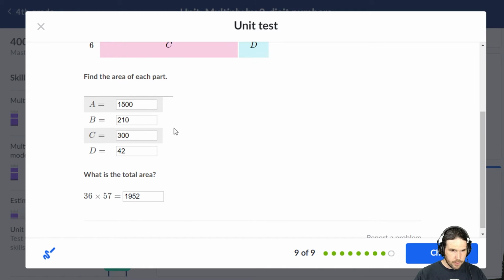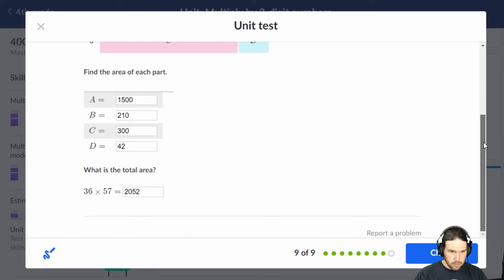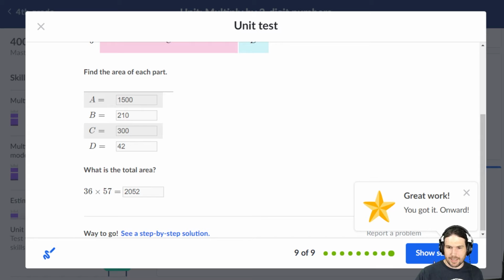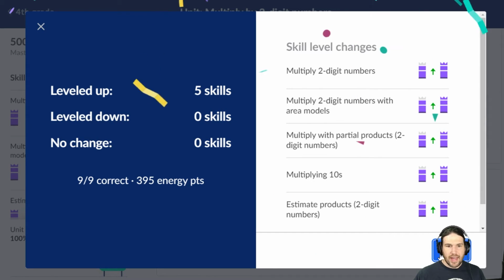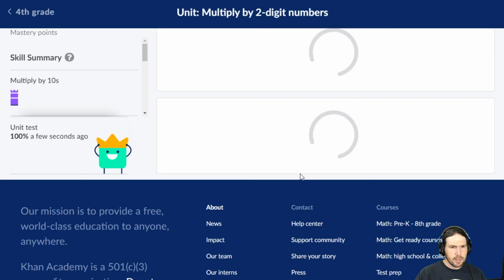Double checking that though. No, 2052. 15, 16, 17, 18, 19, 20 hundreds, so 2000, fine. And then 52. Excellent. That is the unit test for multiply by 2-digit numbers.